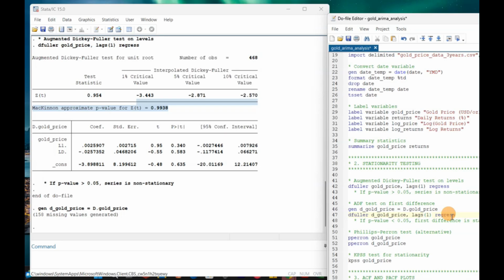Import, then the Excel file. Where is the Excel file? It's on the desktop, this one.